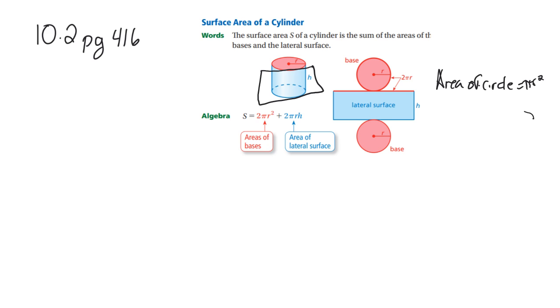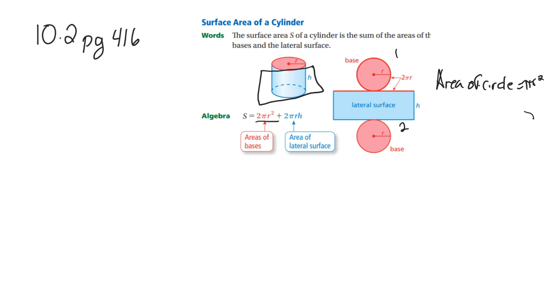And we have two of them, 1, 2. So whenever we're trying to find the surface area of the bases for a cylinder, we'll just multiply the area by 2, which is how we got this. The pi r squared is from the area of the circles. The 2 is from the fact that there are 2 of them. So that would be the area of our bases.